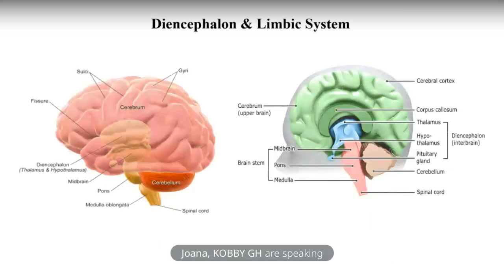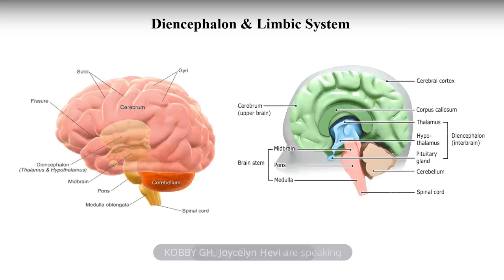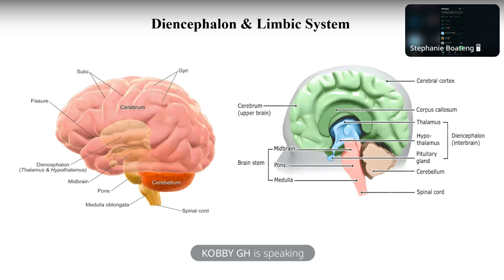Generally, when we say brain stem, it's the brain stem that is responsible for regulating vital activities like your breathing rate, your heart rate, and your blood pressure. But specifically, the diencephalon is responsible for hormonal control and sleep regulation. Is that okay? That is fine.